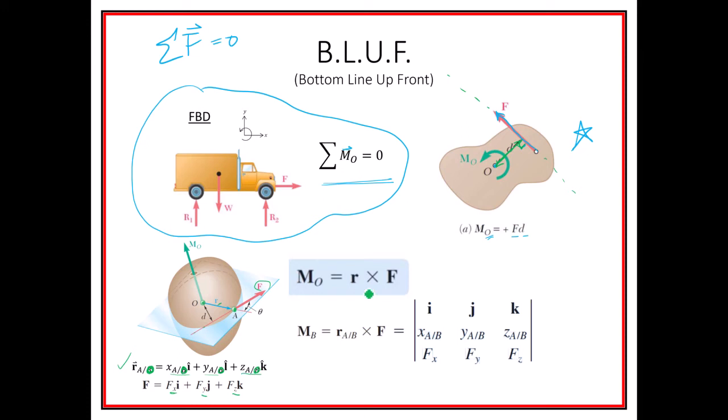If we want to find the moment, we take the cross product of the position vector crossed with the force vector. There are a number of different ways that we could write that out, but I think the most consistent way is to take the determinant of a 3x3 matrix, where on the top row we have the unit vectors, on the middle row we have the components of the position vector, and on the bottom we have the components of the force vector.